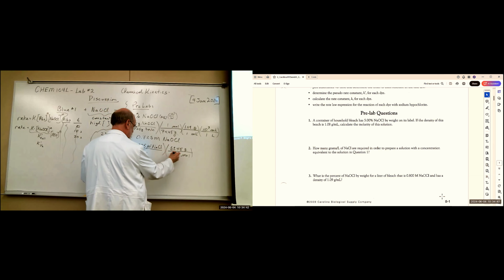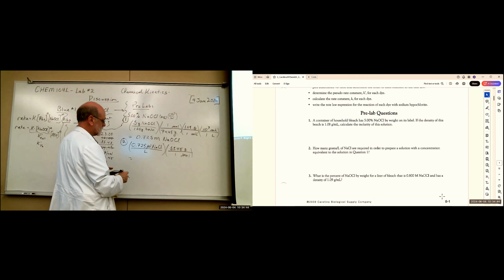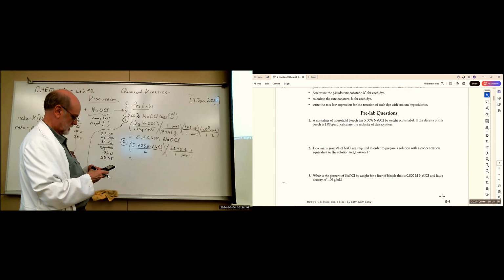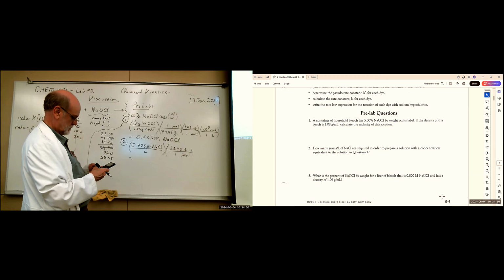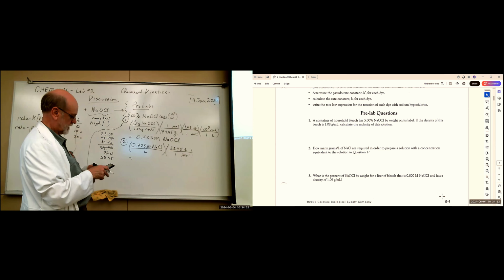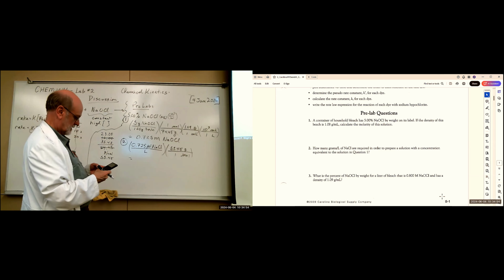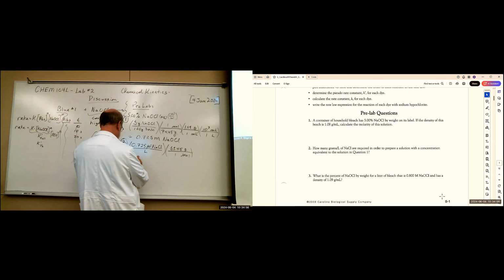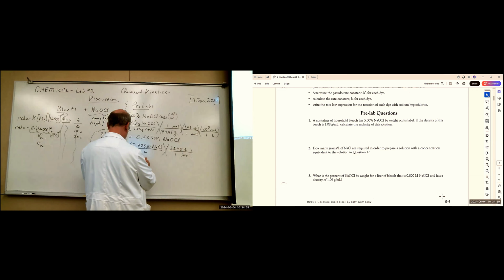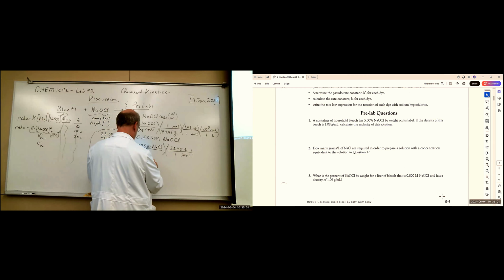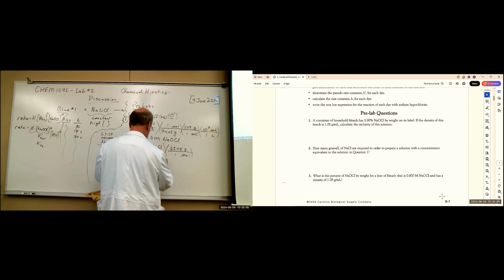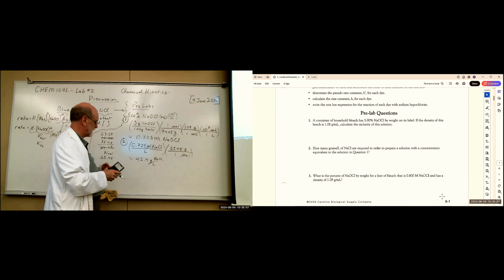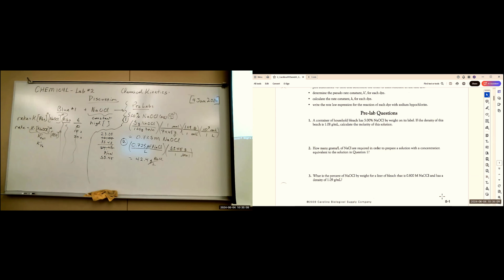And the moles cancel, leaving us with grams per liter, which is the unit of measure we're looking for. 0.725 times 58.45. So we need 42.4 grams per liter of sodium chloride to give you that. Okay.